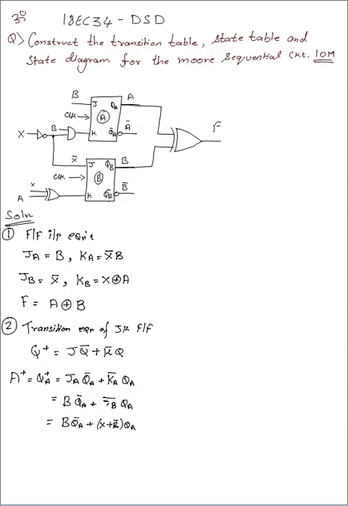QA can also be written as A. So my final equation for A plus is equal to B into A complement plus x plus B complement into A. So this is my transition equation for A.